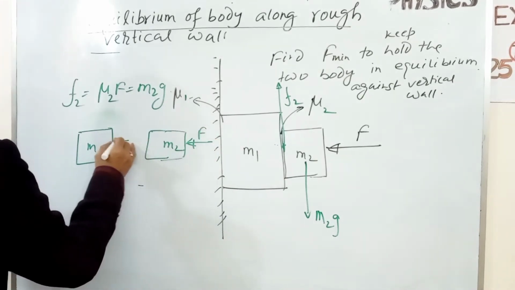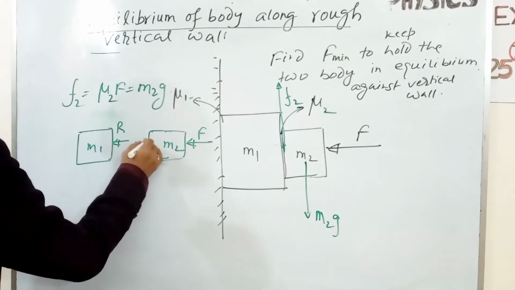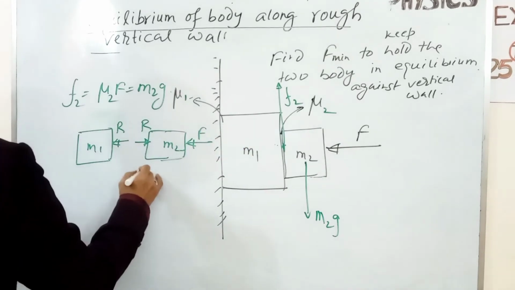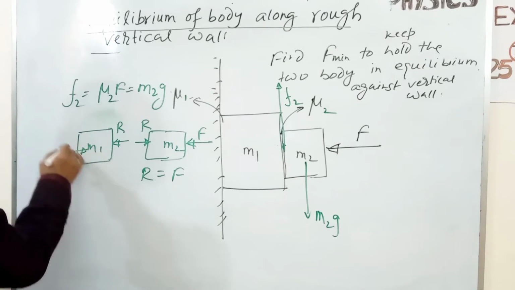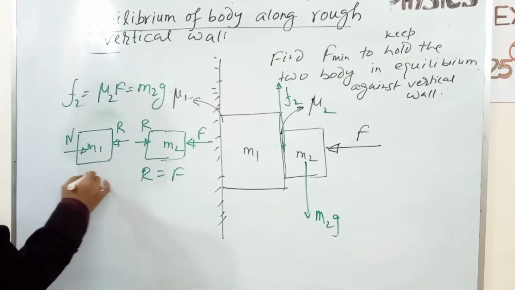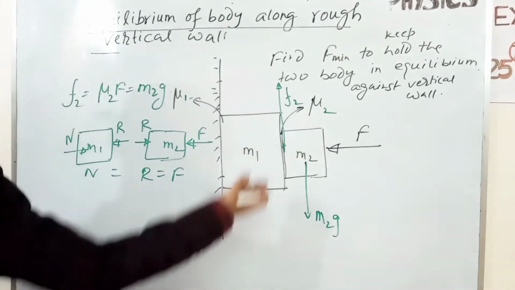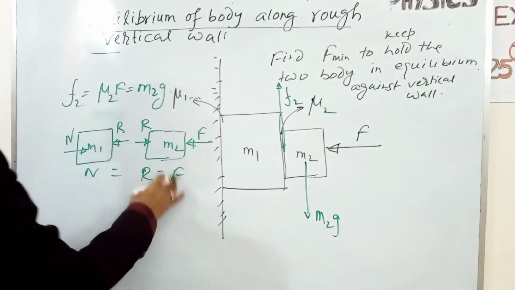So this block pushes, this is the action, and this is the reaction. As there is no motion in this direction, R equals F. Here R is produced, and the normal reaction N is produced by the vertical wall, so N equals R. So N equals R equals F, because there is no movement or acceleration along this direction.